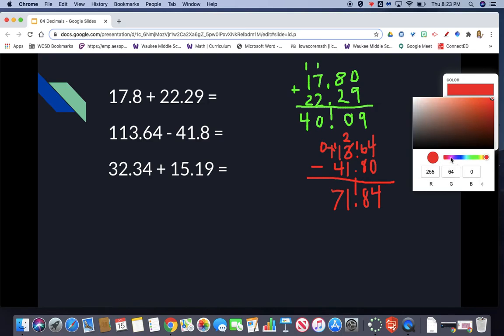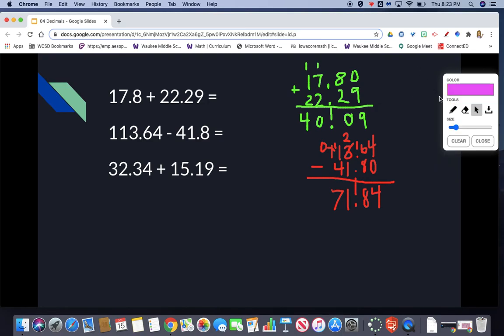Let's try another addition problem. 32 and 34 hundredths plus 15 and 19 hundredths. Notice I lined up my decimals and my numbers happened to line up.